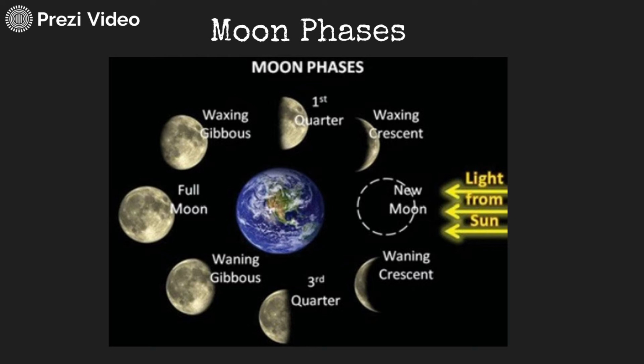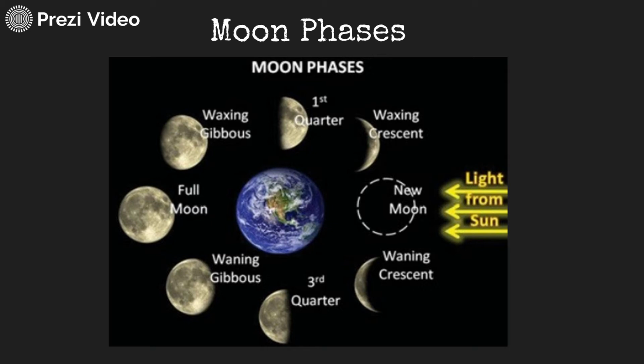So as it moves, we start to see a little bit more, and that's what we call the waxing. Waxing is when the moon, think of it going counterclockwise, is starting to get out of the way of the sun, and we start to get what's called a waxing crescent. So we see a little bit of the edge of the moon, but it's still mostly covering the sun from our view.